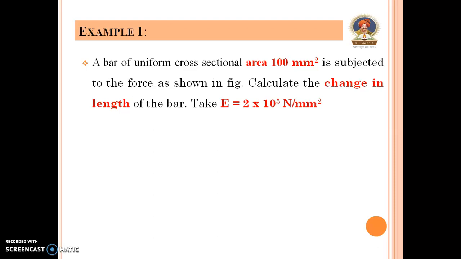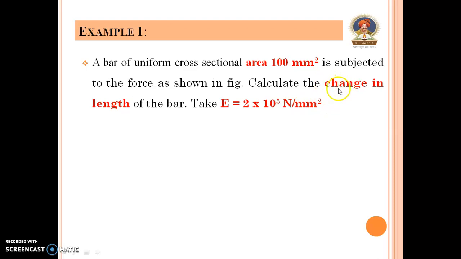Here in this numerical, the uniform cross-sectional area 100 mm square is given, and Young's modulus E is equal to 2 into 10 raised to 5 Newton per mm square is also given.